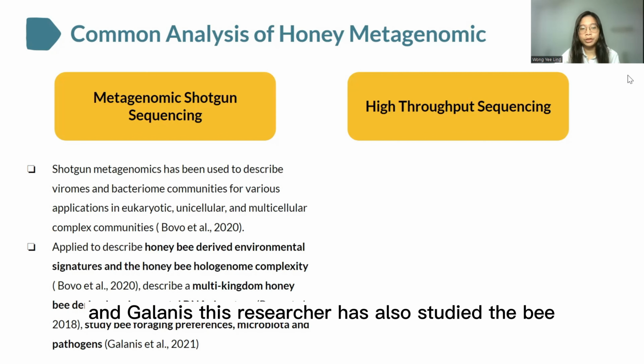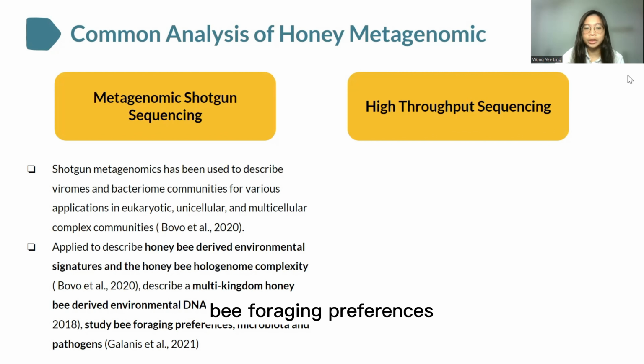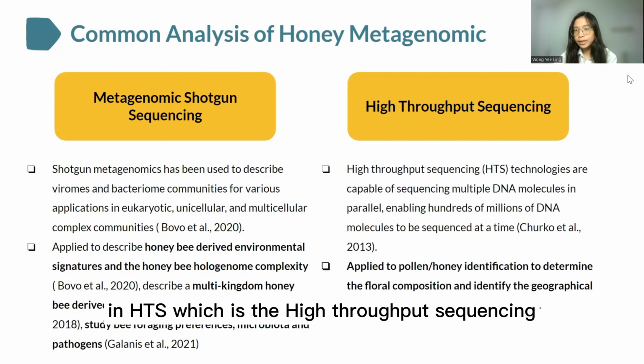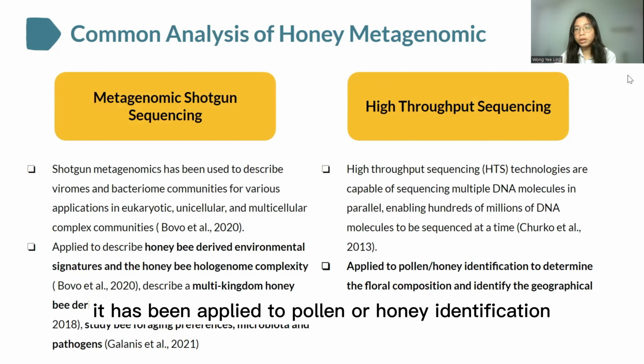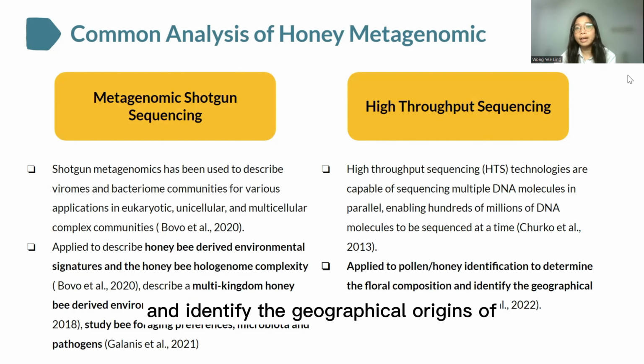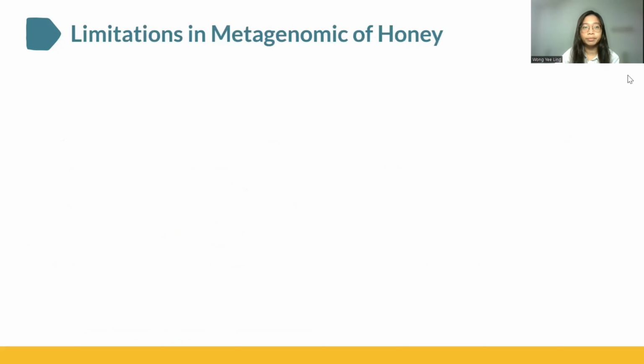Galanis has also studied bee foraging experiences, microbiota, and pathogens using metagenomic shotgun sequencing. High throughput sequencing, or HTS, has been applied to pollen or honey identification to determine the floral composition and identify the geographical origins of different kinds of honey.